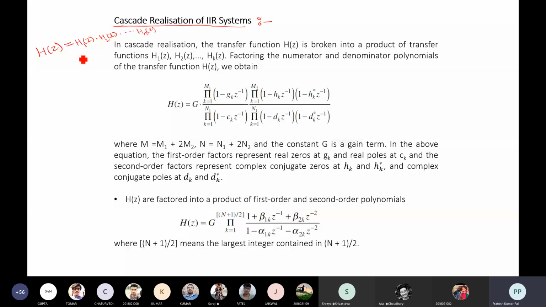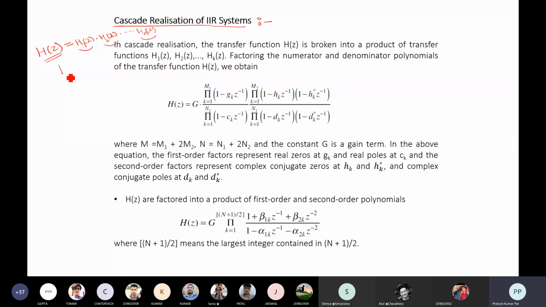We can break this H(z) such that after multiplying all the different transfer functions, we get H(z). So this first one is in cascade with the second and third.